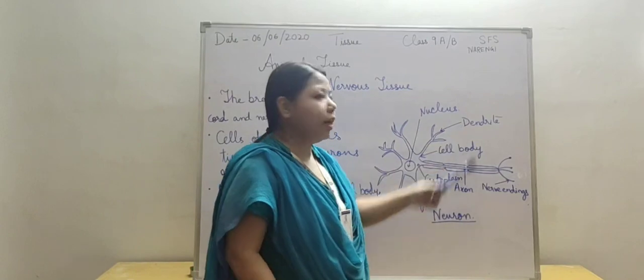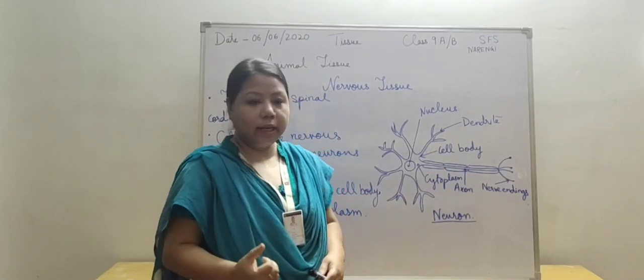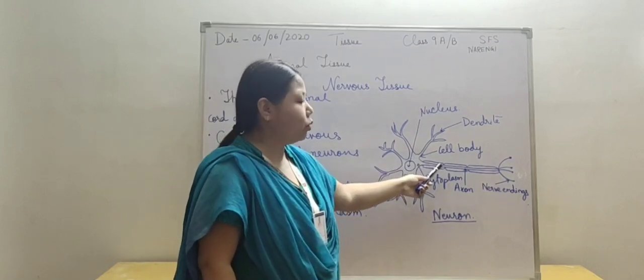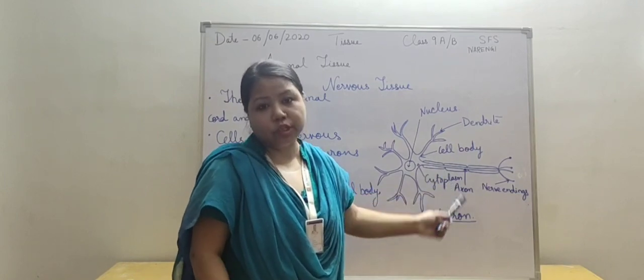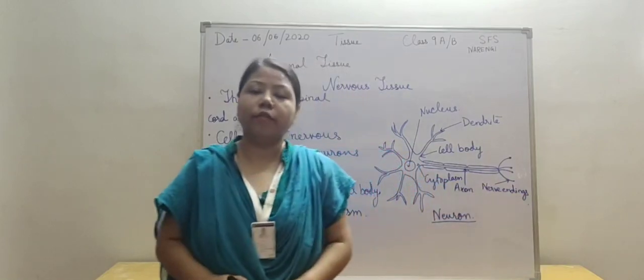The dendrite receives the information from one nerve cell and passes it on to the axon. The axon will take the information received by the dendrite to the other nerve cell.